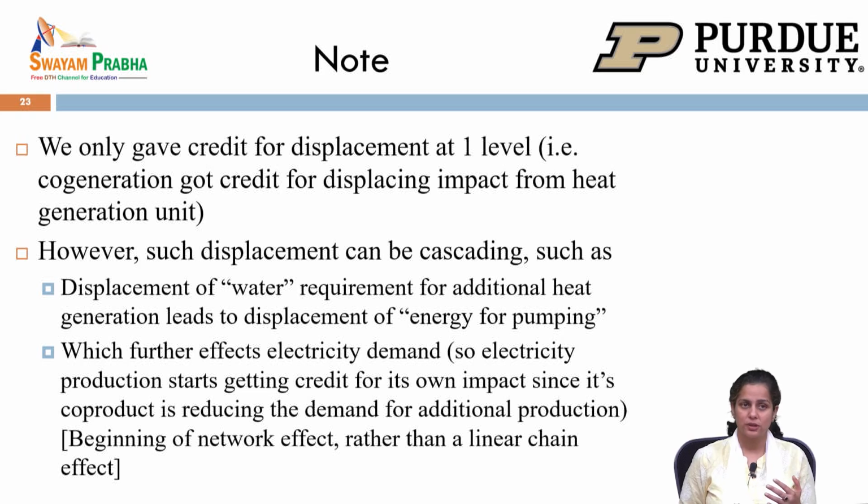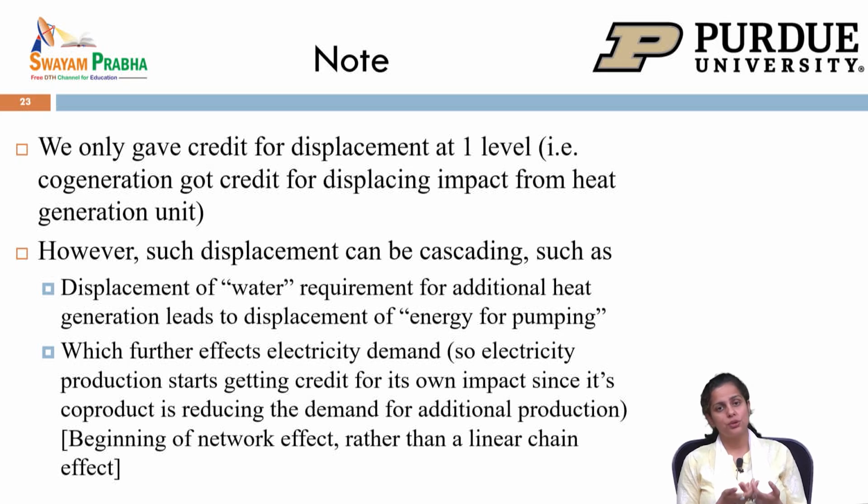So, electricity production starts getting credit for its own impact, since its co-product is reducing the demand for additional production, and this is what we call the beginning of the network effect rather than a linear chain effect. And in LCA, what we do is we start looking at the network algebra, or we will get to that computational structure soon, where we will be able to capture all these in a very simple linear algebra format, or what we call the matrix algebra for LCA calculation.